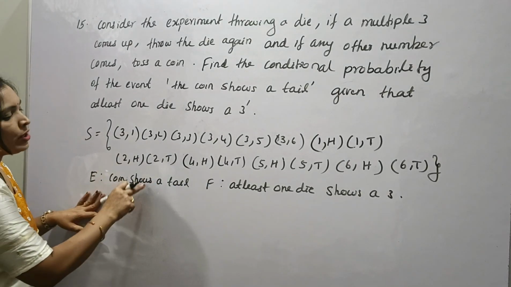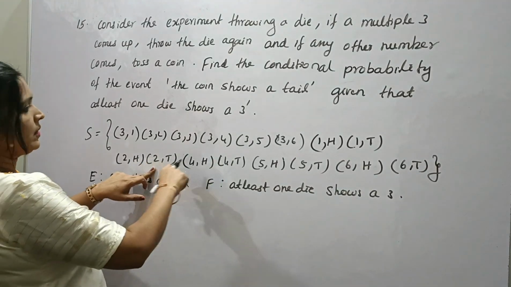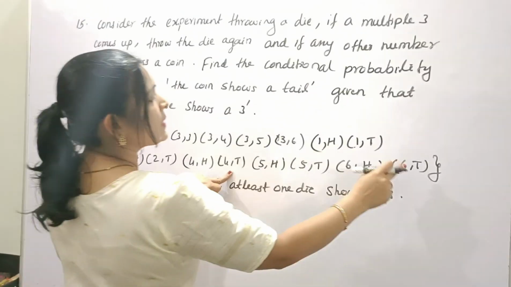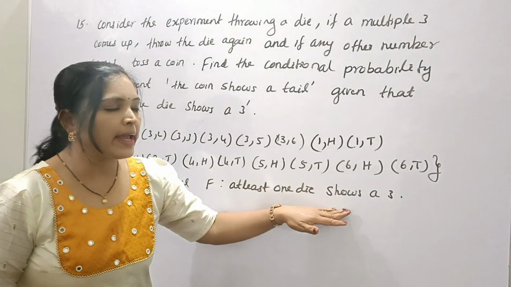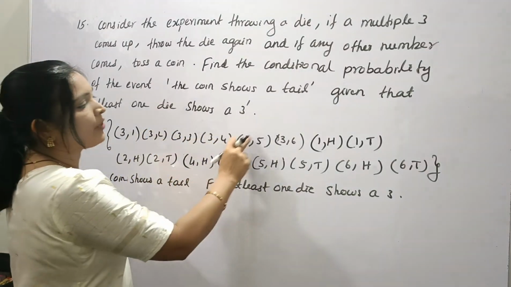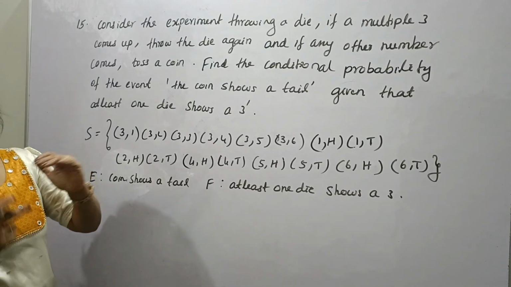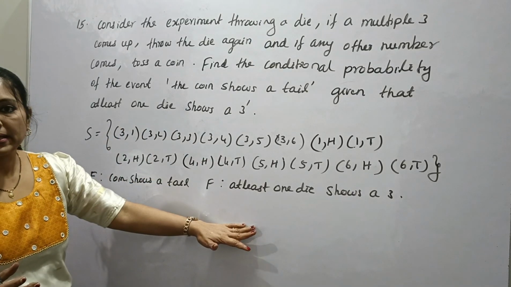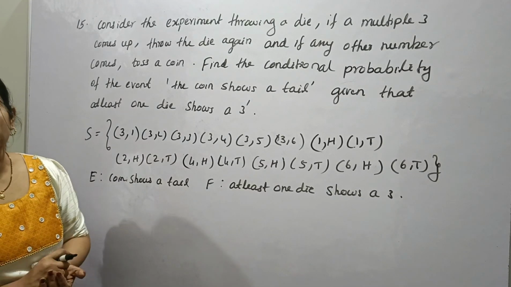E is the event coin shows a tail: 1T, 2T, 4T, 5T, 6T. And at least one die shows a 3: that is 3,1; 3,2; 3,3; 3,4; 3,5; 3,6. That's all. When you take E intersection F, the intersection of these two sets, that is empty. There is no common element.